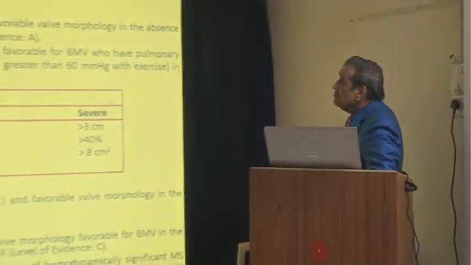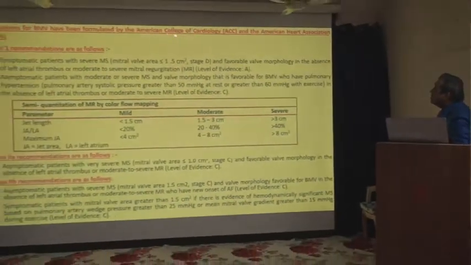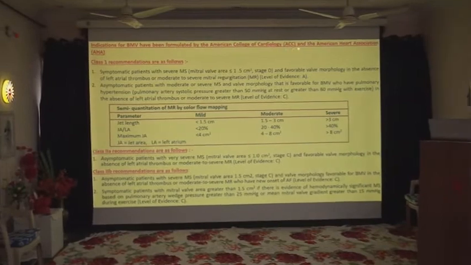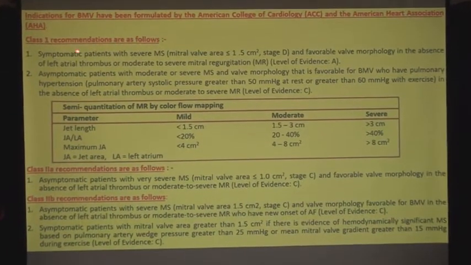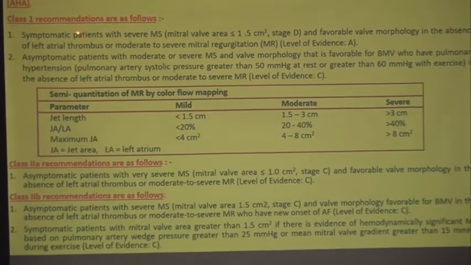So now I am going to take you through the indications for balloon mitral valvuloplasty, which have been formulated by the American College of Cardiology and American Heart Association. Class 1 recommendations are as follows.